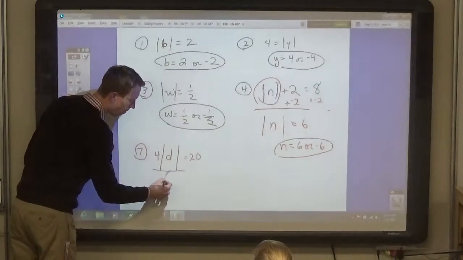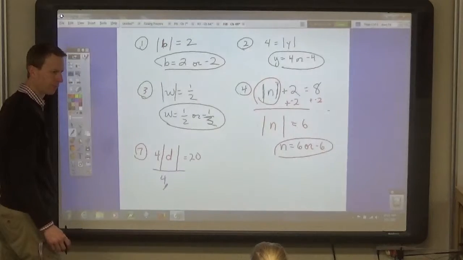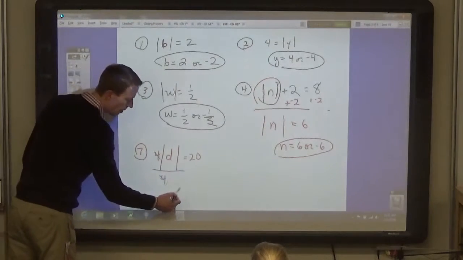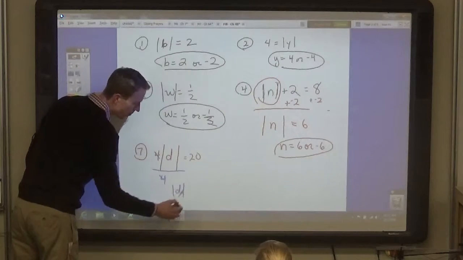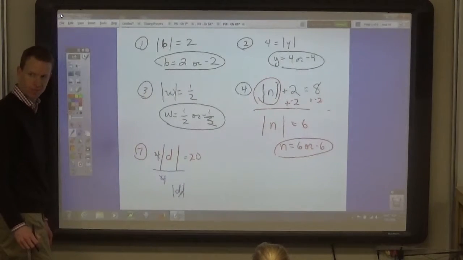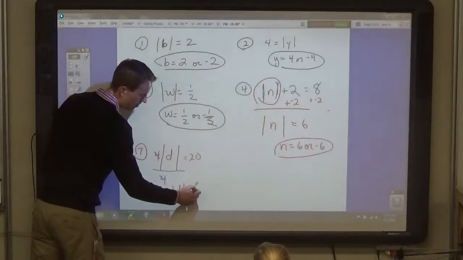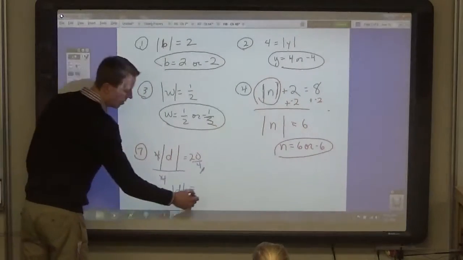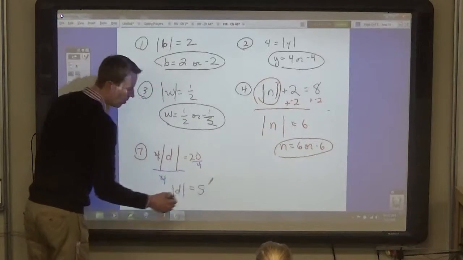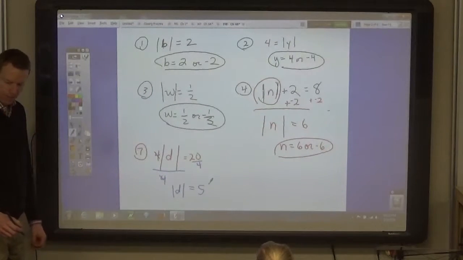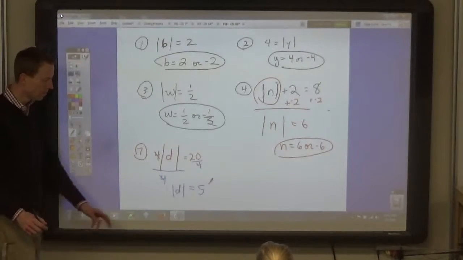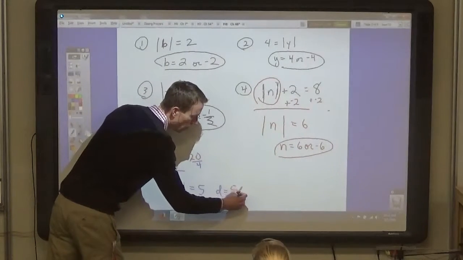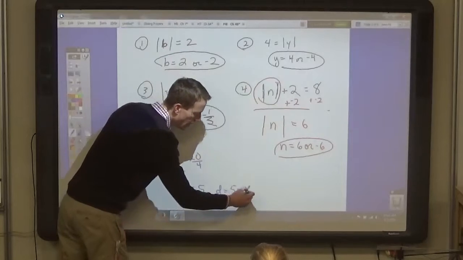Divide it by 4, so that the absolute value of D is by itself. D is 5, so D is 5 or negative 5.